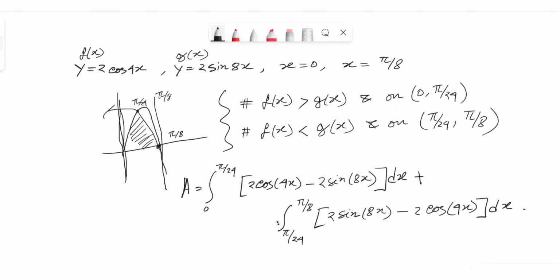By solving this, we will have the area of the given region.